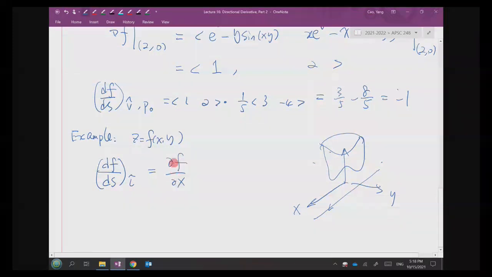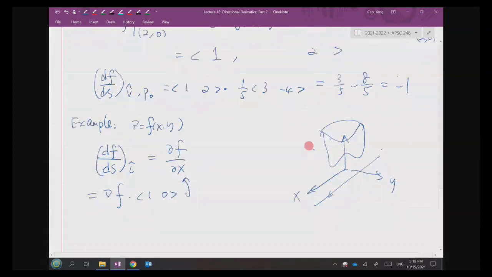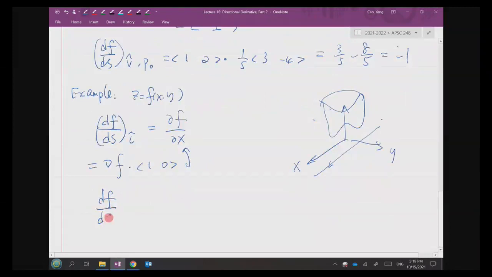So if you want to prove it, you can show that del f dot I hat is (1, 0), and you will get partial f, partial x. Okay. So similarly, if you take the directional derivative in the negative x-axis direction, then you get negative partial f, partial x.